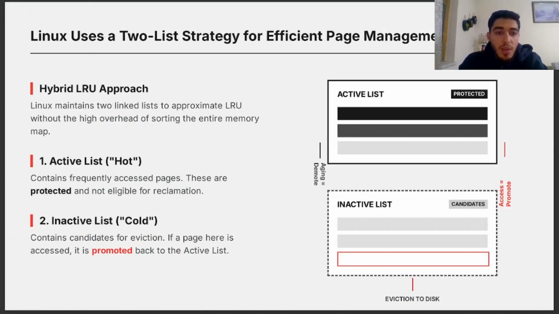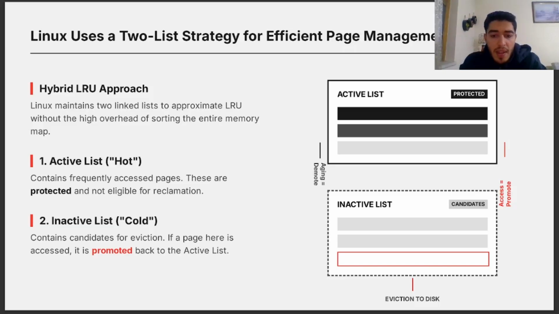In this slide, we're going to talk about the Linux operating system and how it replaces pages and what it uses. The Linux system uses a hybrid least recently used approach, where it has two main lists: the active list and the inactive list.